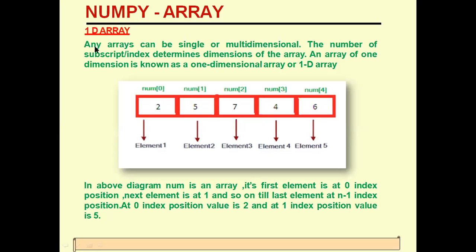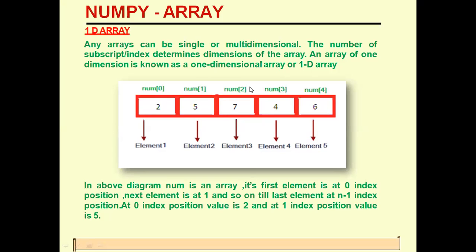What is an array? Any array can be single or multi-dimensional. You can say single, 1D or 2D or multi-dimensional also. So the number of subscript indexes determines the dimension of the array. An array of one dimension is known as a 1D or one dimension array.